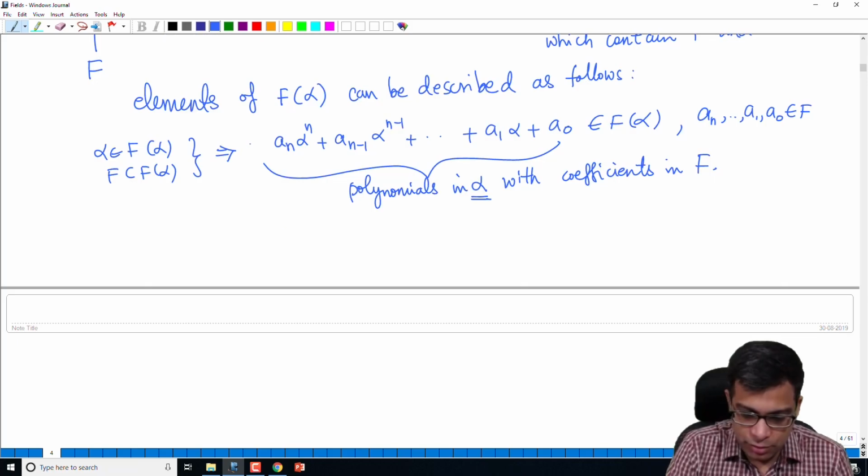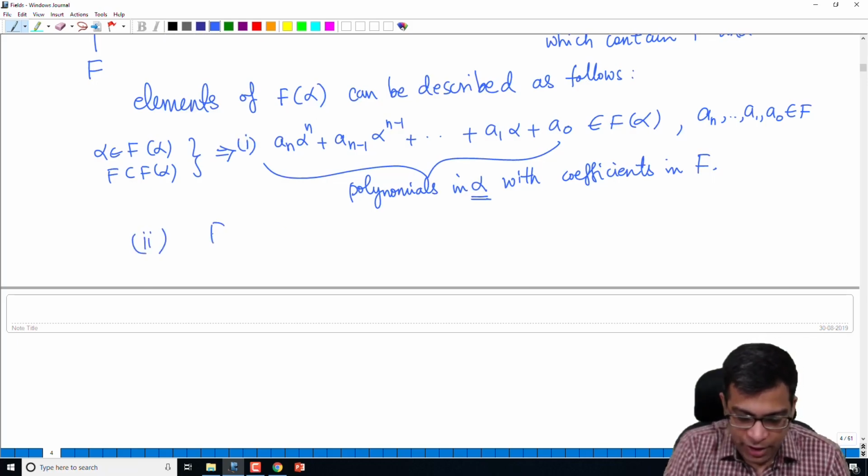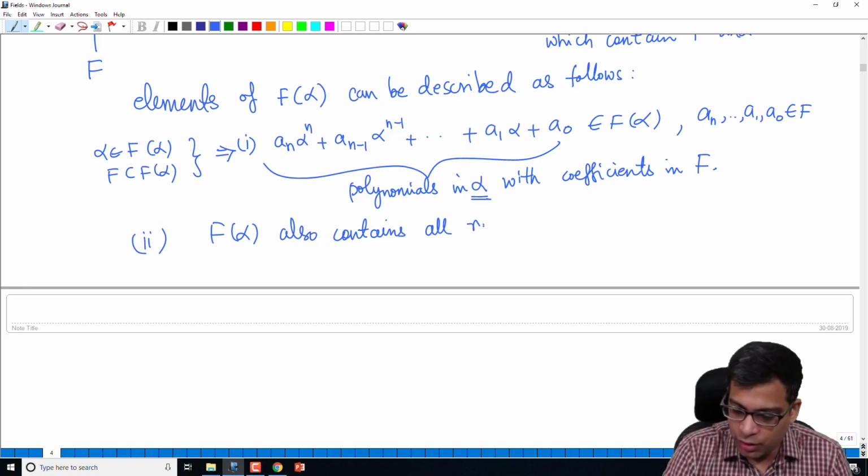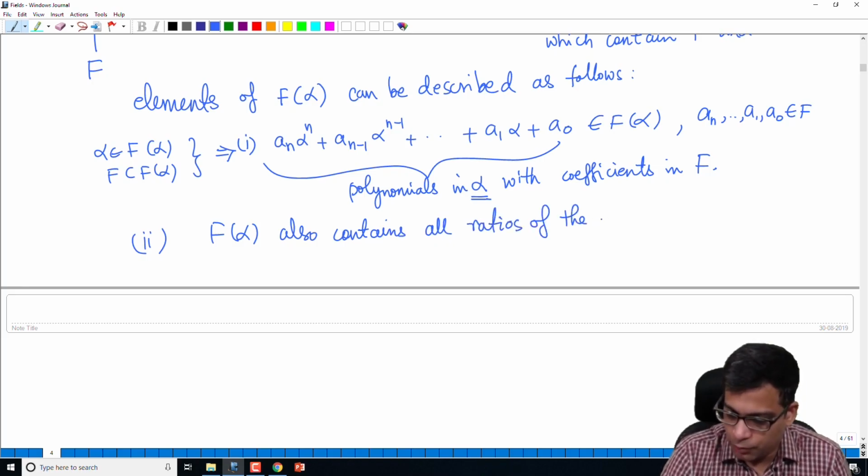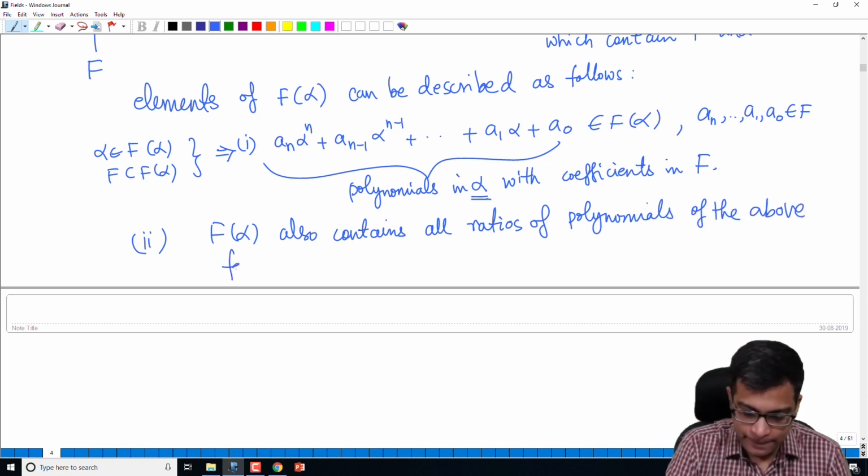But this is only one consequence of F(alpha) being a field. F(alpha) also contains all ratios of polynomials of the above form. Why is that?